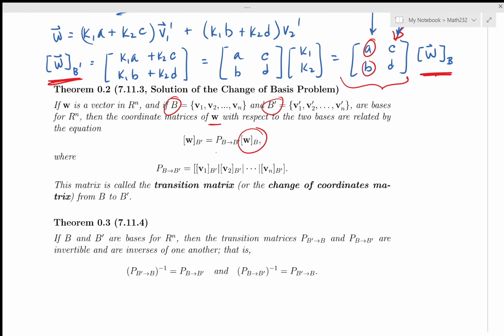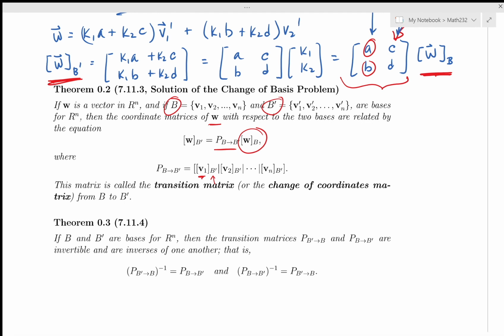Then we want to find this matrix, which changes the basis from B to B prime, and call that the transition matrix. What we see is that the columns of that matrix are the basis vectors from B referenced to B prime. And we call that the change of coordinates matrix.